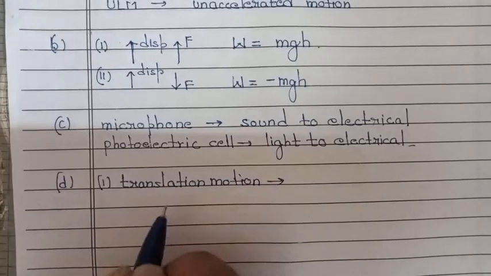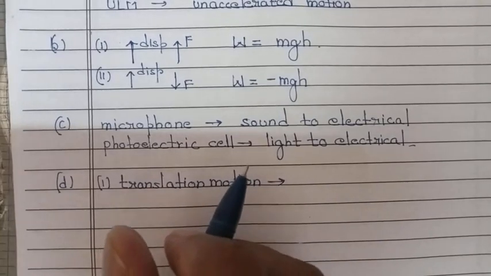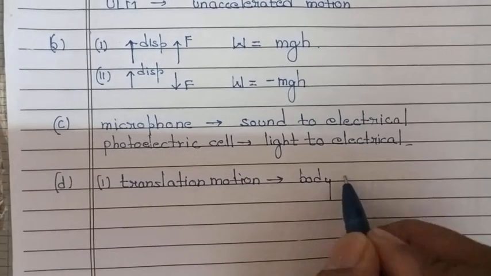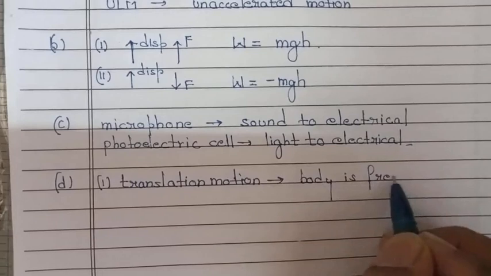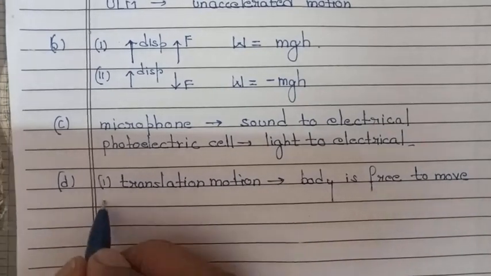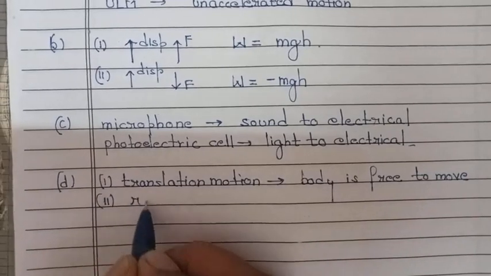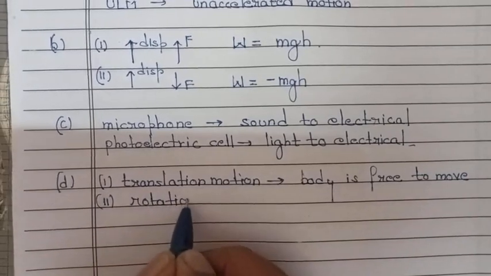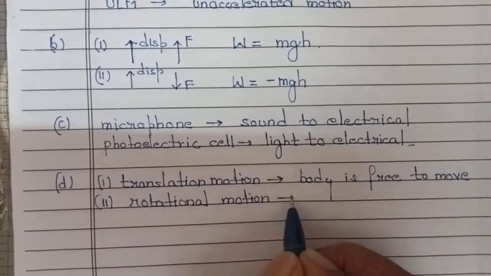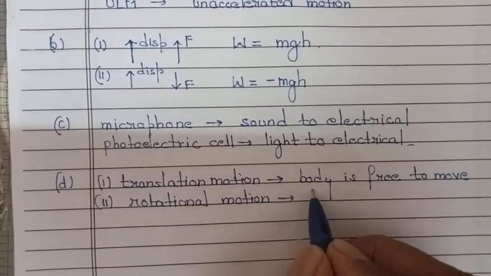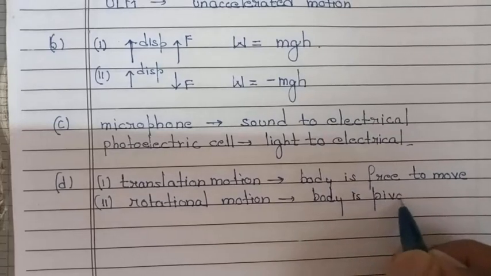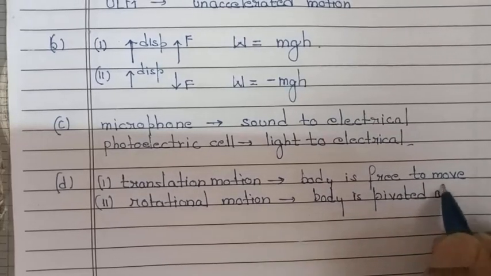Translational motion is possible only when the body is free to move. And for rotational motion, it is possible only when the body is pivoted at a point.